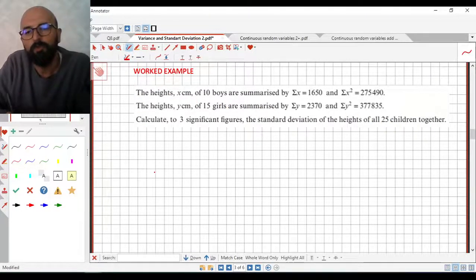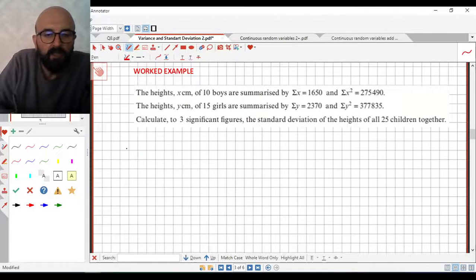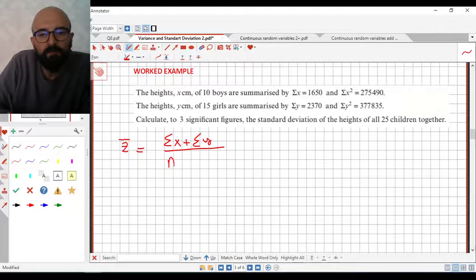So we should compute the mean for all students. For example, it's called Z. Z should be the sum of boys' heights plus the sum of girls' heights, over the number of boys plus the number of girls.